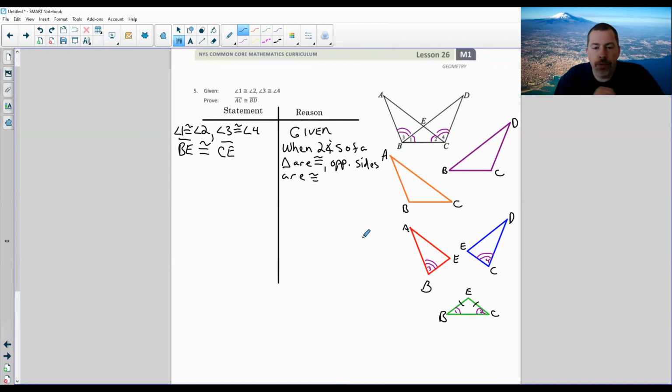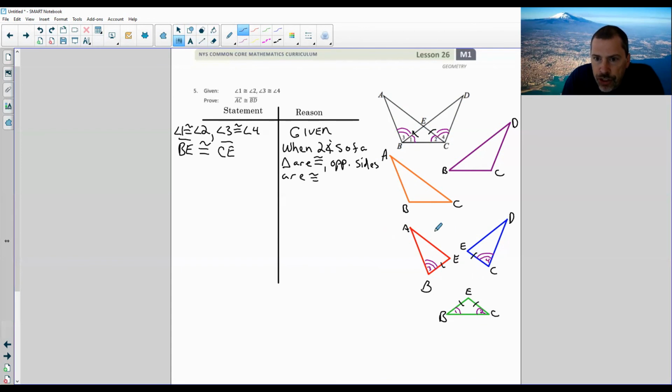Okay, that was a lengthy reason. So BE is congruent to CE because angle 1 was congruent to angle 2 in this little triangle down here. So now I can label that in my diagram here as well. That's congruent to that. So that means this is congruent to this.